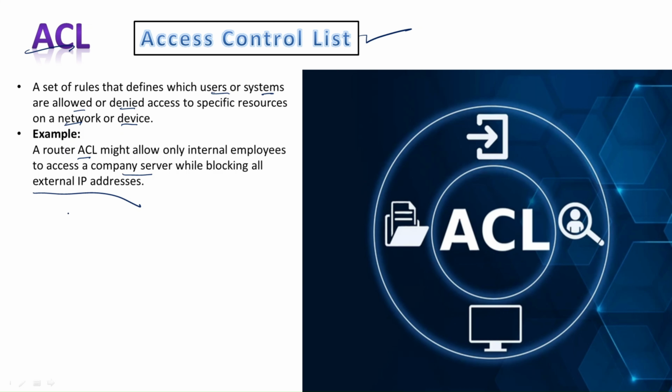These ACLs are predominantly configured on network devices such as routers and firewalls, and they are used to allow certain users or devices to access certain resources, while the same ACL can be used to block or deny access for other IP addresses or other devices.